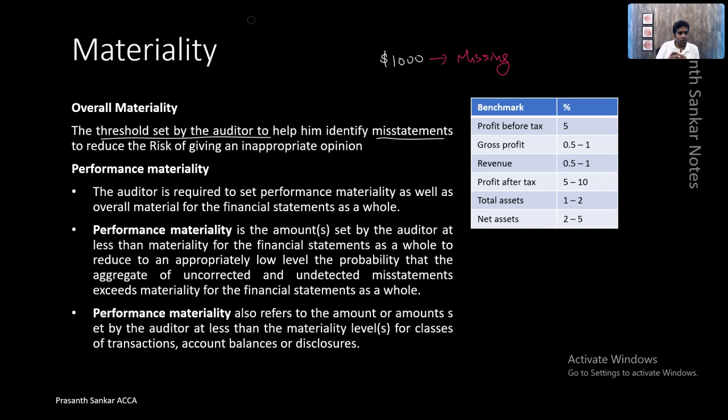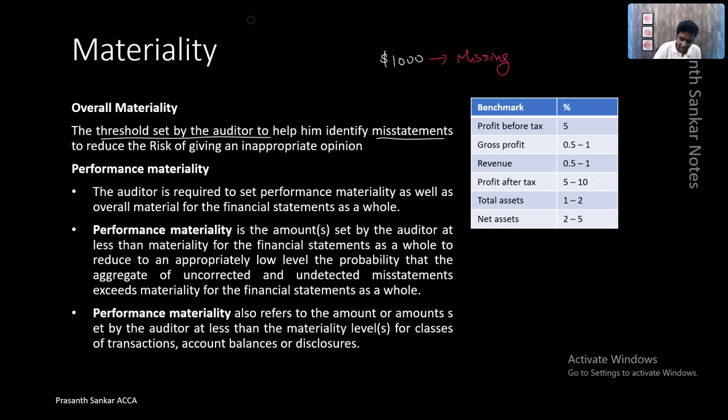So as an auditor, the first way to identify a mistake is to establish a certain threshold. If we establish a threshold, we will be more scrutinized. Our mind will go in such a way that we will scrutinize any transaction which is above the threshold.